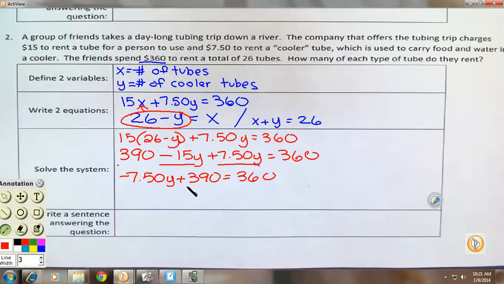Hang on just a second. I'm going to get a different answer than I have on my paper. Did I make a mistake? You put the 390 in front of the numbers. That shouldn't matter.